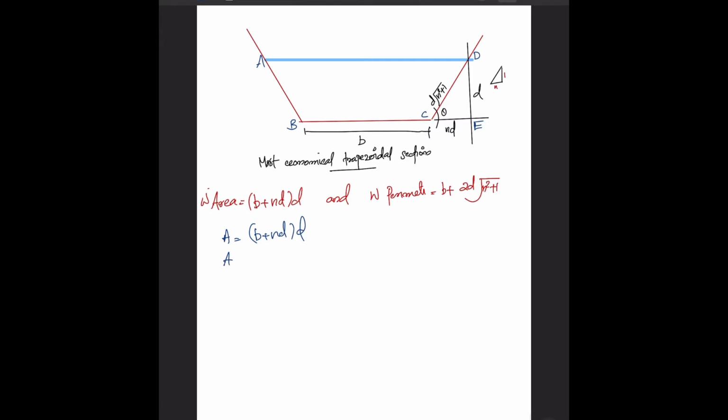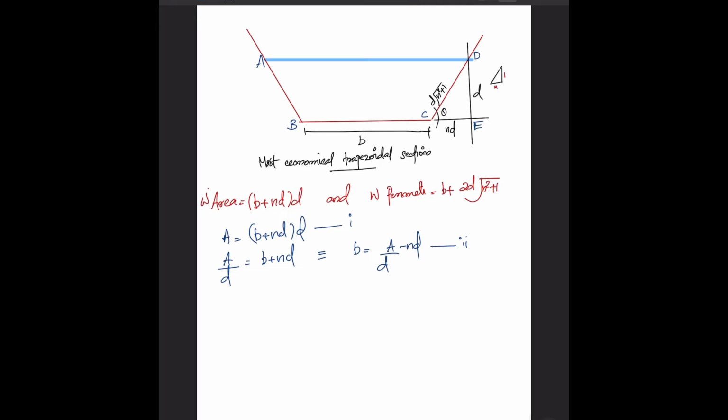Therefore, A by d will be equal to b plus nd, which in turn gives b is equal to A by d minus nd. Let us mark this as equation 1, this as equation 2.